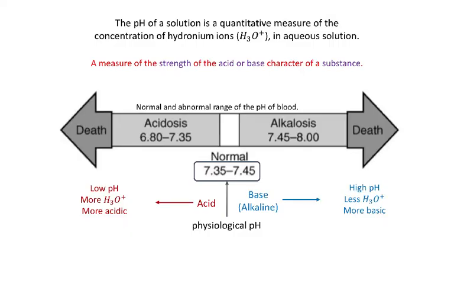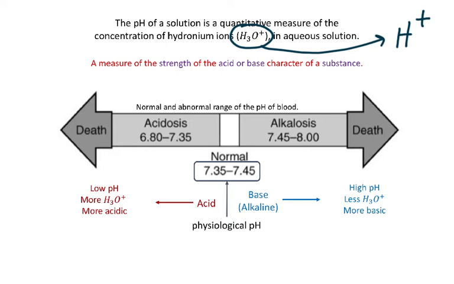So pH is a quantitative measure of the concentration of the hydronium ions in aqueous solution. And remember, H3O+ is technically what we have in solution, with an H+ hydrogen ion attaching to water to make H3O+.